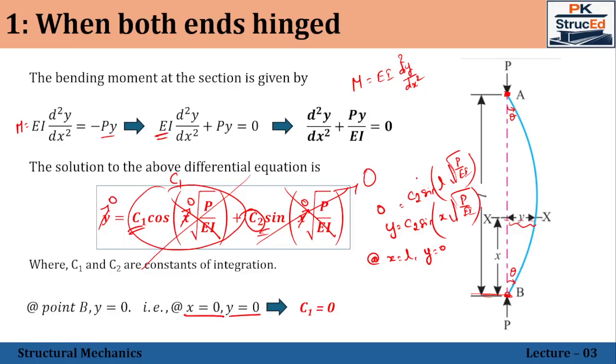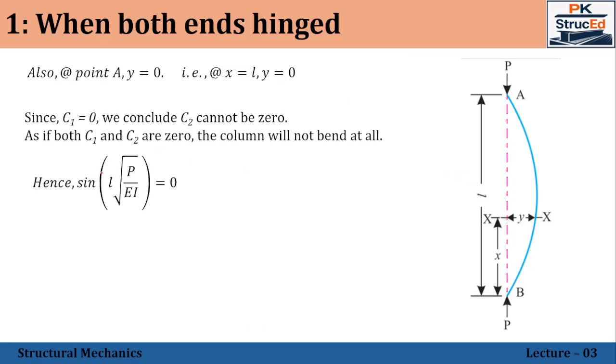But C2 can't be 0 because already C1 has been taken as 0. If C2 is also taken as 0, this column will not bend, or buckling will not be taking place in this case. So that is the reason C2 will not be equal to 0. Rather, this component will be equal to 0. That is, sine of L into root over P by EI is equal to 0. That's what has been given here.